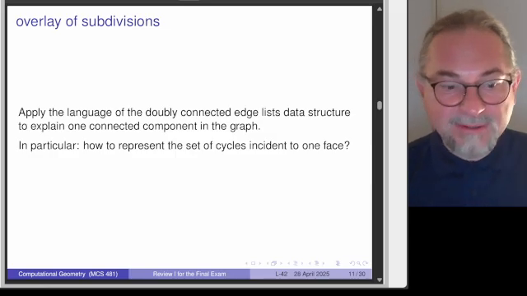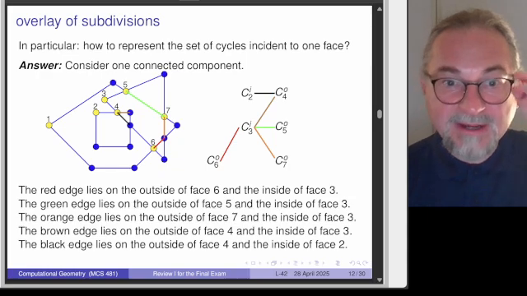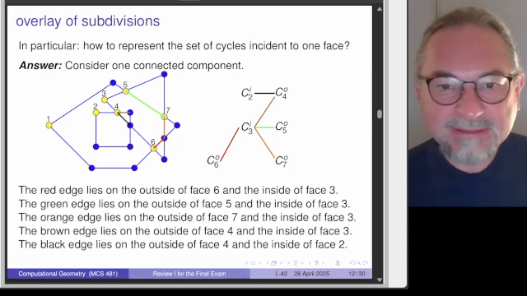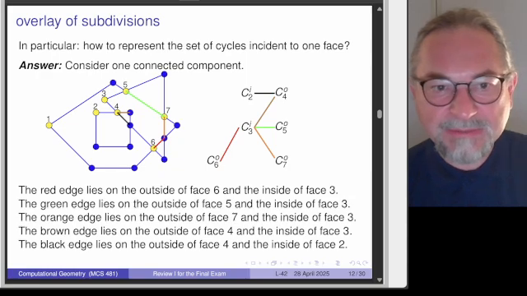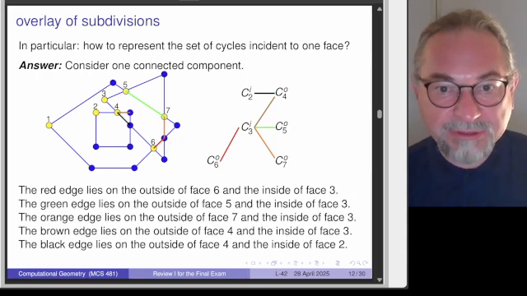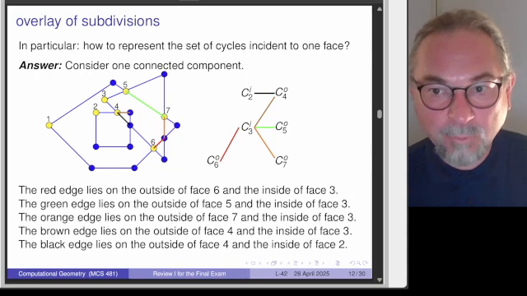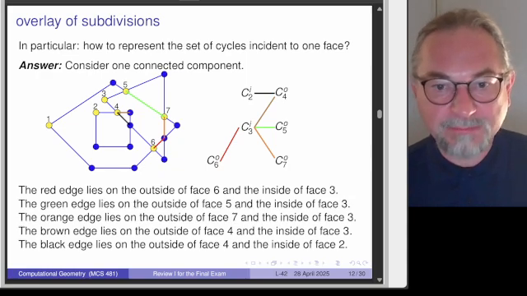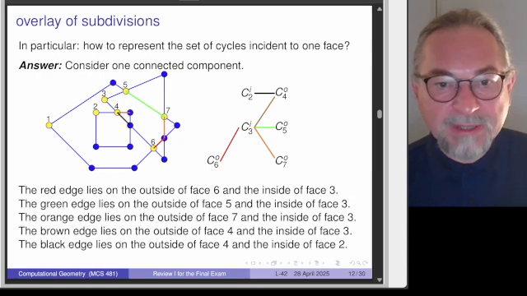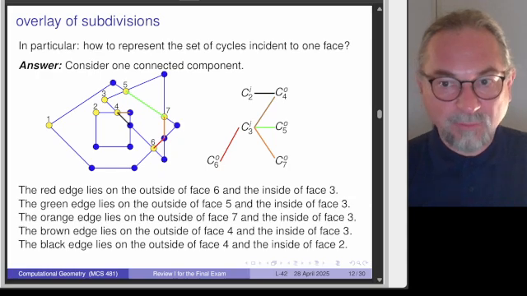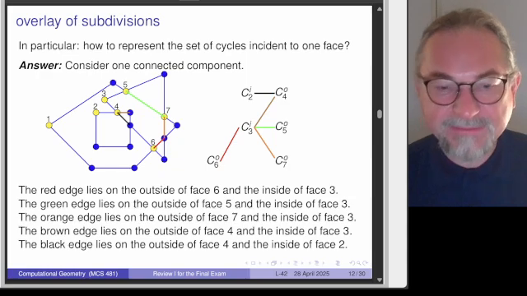Okay, I can go back to the previous slide, but I actually recycled that picture. So in some sense, the answer to this question is actually with a picture, with an example. So we have the first map that was the pentagon with the inside face, the square, that was intersected by that triangle.